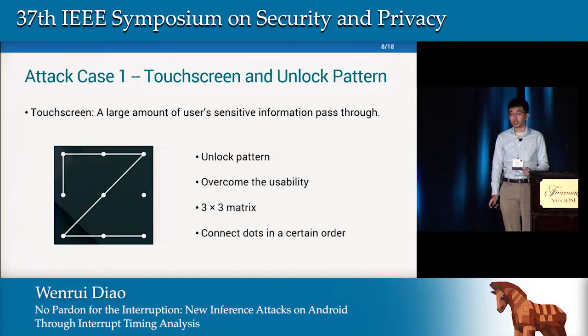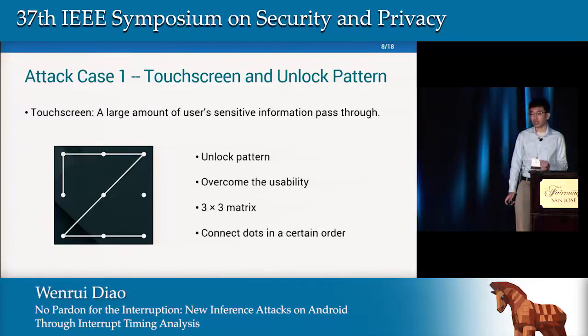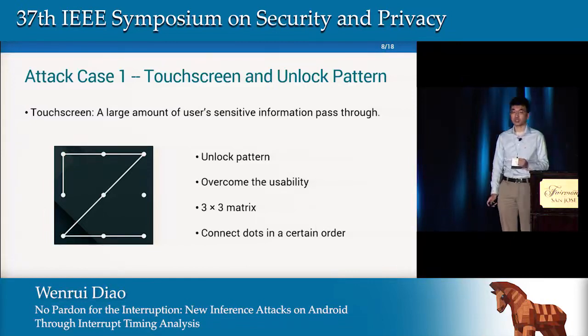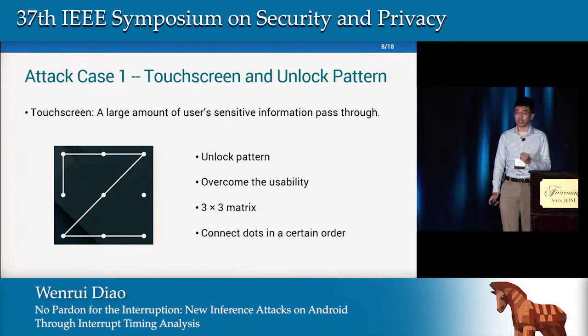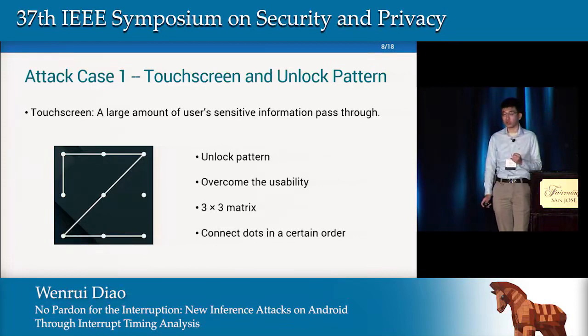The touchscreen has become an indispensable component for nearly all smartphones. A large amount of user-sensitive information passes through the touchscreen, such as text messages and the unlock pattern. The unlock pattern is incorporated into Android as an alternative authentication method to overcome the usability issue of the traditional text-based password.